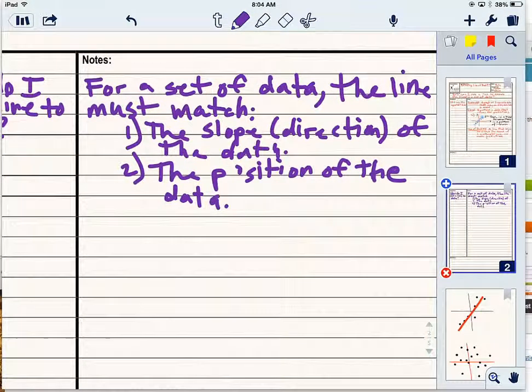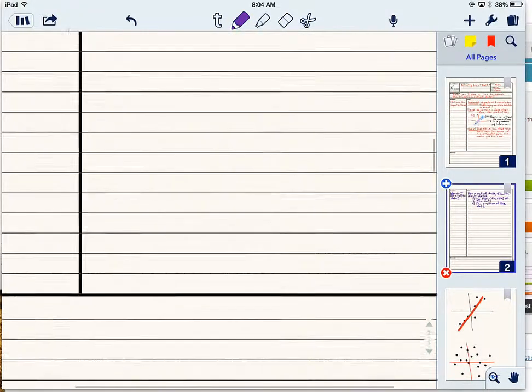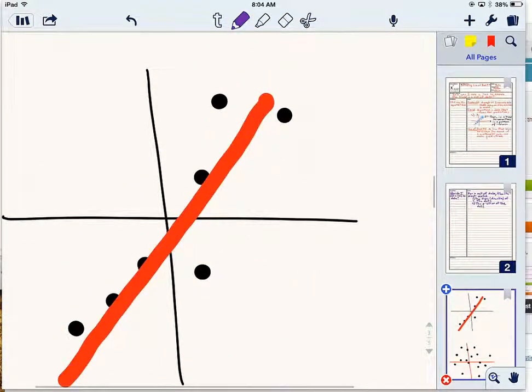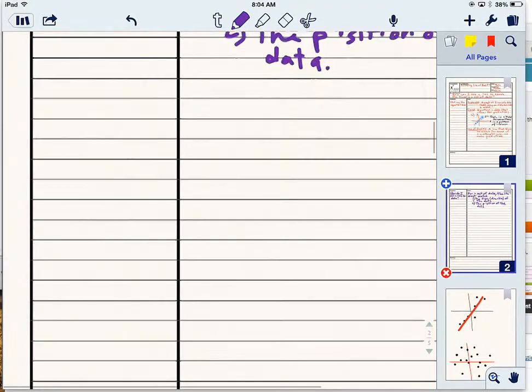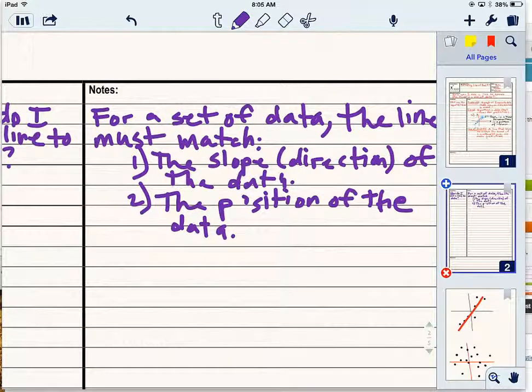If it's matching both of those things, it should sit in the middle of the data the way this line does here. It matches the trend or direction of the data because it's moving up and to the right at the right angle. But it's also in the right position because it's touching some of the dots, and some of the points are above the line and some are below the line.